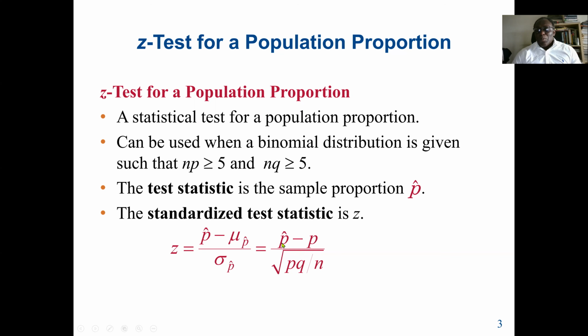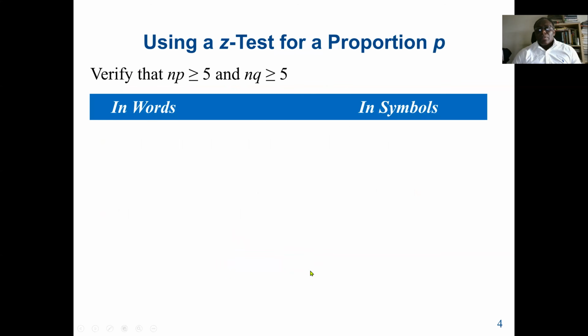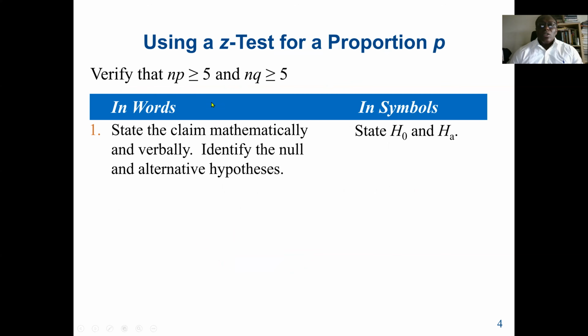So the sample proportion minus the population proportion divided by the square root of the standard deviation, which is the pq over n, square root. So this is in words. We can see that the steps again are the same as doing hypothesis testing for population mean. Almost the same steps as the proportion for population, also the same steps.